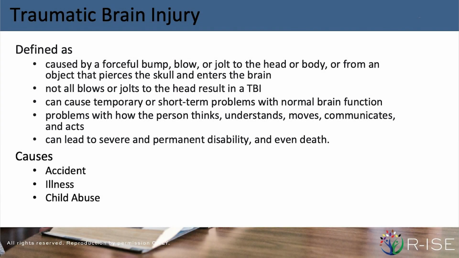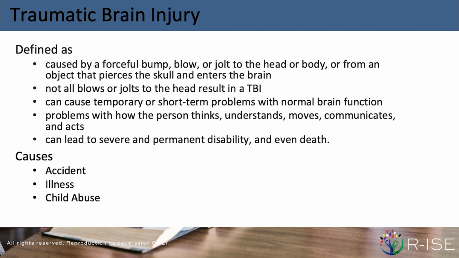Traumatic brain injury, or TBI, is also a growing area. TBI occurs after birth, often caused by forceful bumps, blows, or jolts to the head or body from another object that pierces the skull and enters the brain. Not all blows or jolts to the head result in TBI.